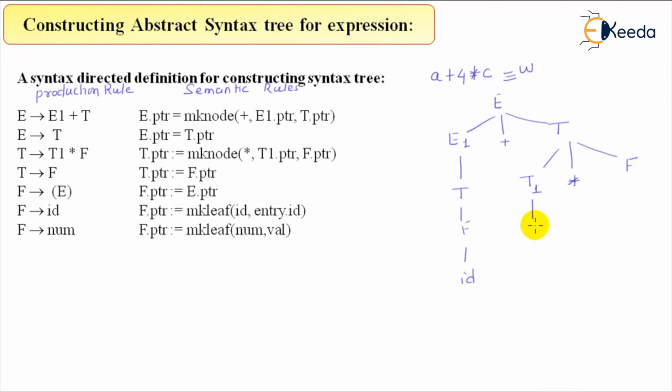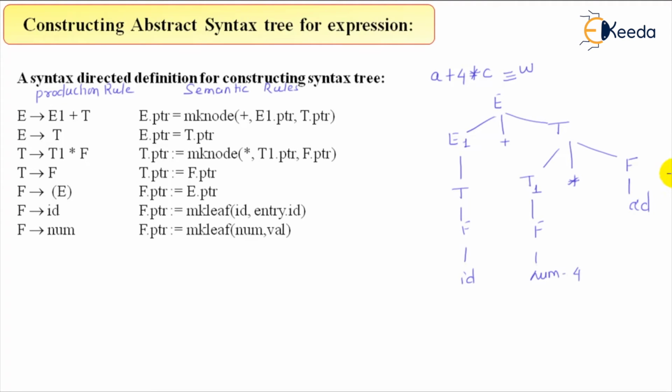T derives f, f derives id, and f derives number, sorry, this one is not an id. So let me erase it, and this one is num, having num dot value as 4. F derives id, and that is c.